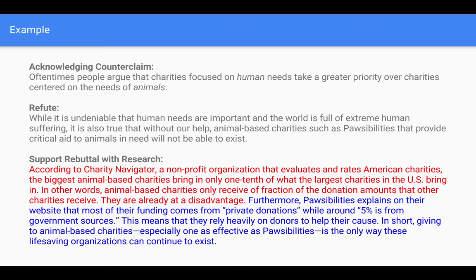What I don't have a note card for is my acknowledgement of my counterclaim because that's not research based, that was just from my brain. And I don't have a note card for my rebuttal, my refutation right here because again, that was just from my brain.